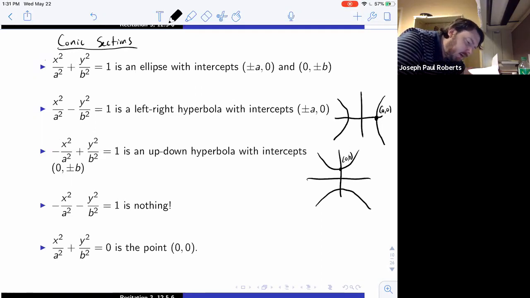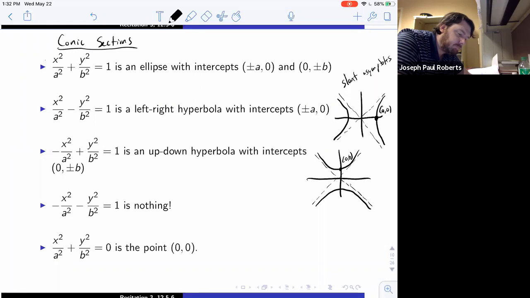And if you're interested in hyperbolas, they kind of look like two parabolas, but not quite. They actually have these diagonal asymptotes that have slope plus or minus b over a, if you're interested, but it's not going to be too important for this class.